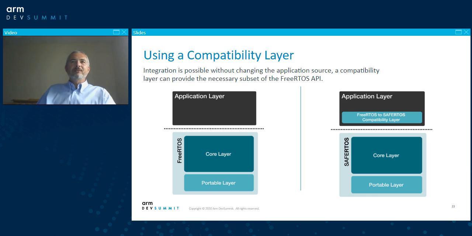It is generally more convenient to use a wrapper layer to convert SAFERTOS calls back to FreeRTOS. So the shared functional model makes it relatively easy for us to develop and implement wrapper layers that can work in both directions, i.e. free to safe or safe to free.